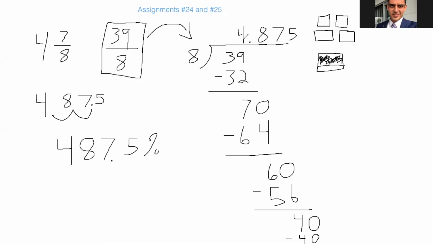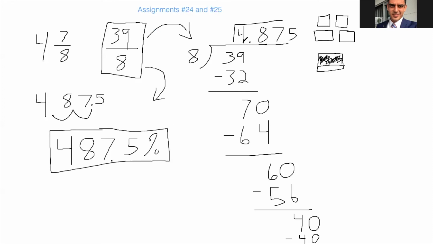And then eventually you'll come up with the 4.875. And so that would be the decimal form of this fraction. And then if I were to say, well, what about the percent? Then that's when you get that 4.875, and you just have to move it over 2 times, and it would be this right here. So this is the percent, this is the decimal, and this is the fraction.